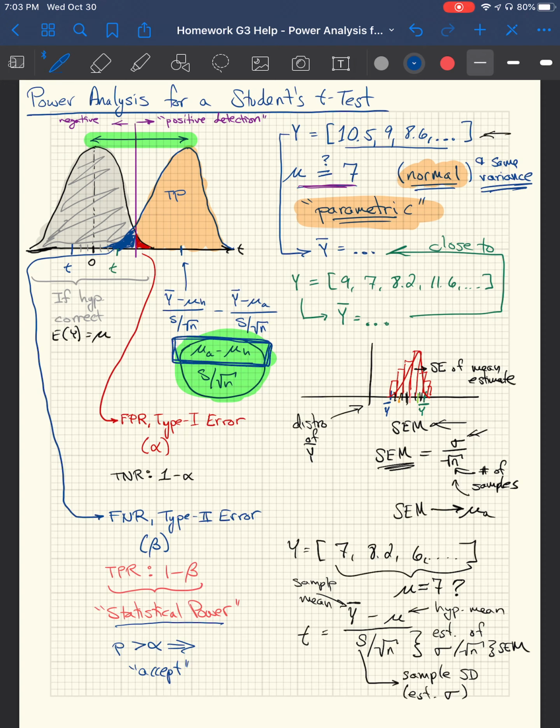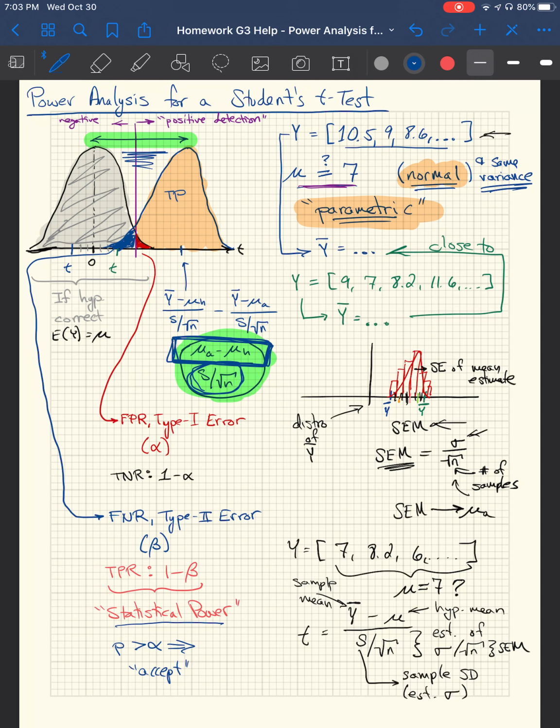How big does this numerator between the actual mean and our data mean have to be to generate a distance that is very large in this t space? And what this scaling by the standard error of the mean does is it tells us that as we get more and more samples, then we are able to detect a smaller and smaller difference between means. In other words, a smaller and smaller difference between means will generate a large distance in t space.